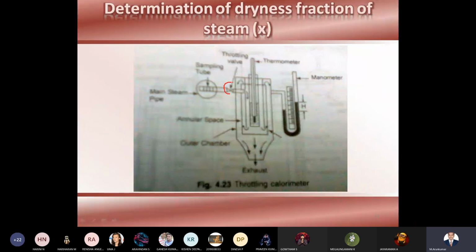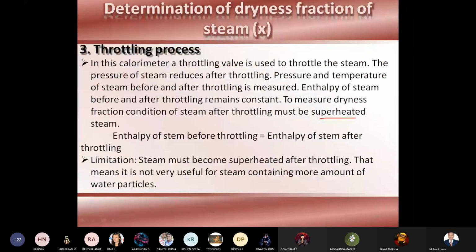We have the throttle valve here. The steam is passed through this throttle valve, so we can have the enthalpy before and enthalpy after. Right, these are compared to get the dryness fraction.